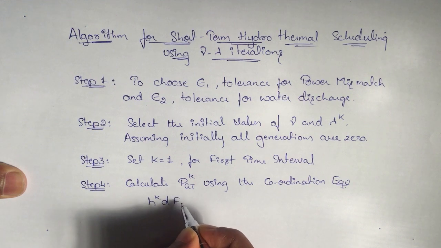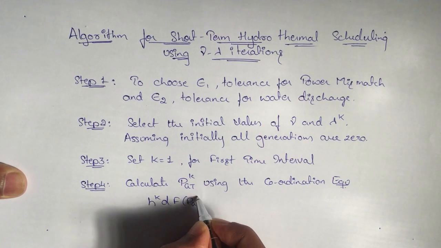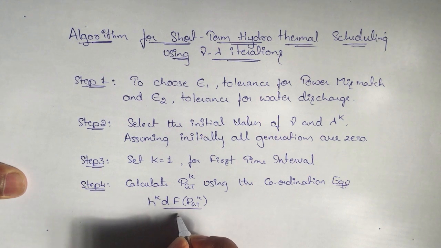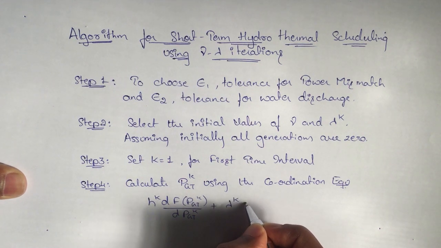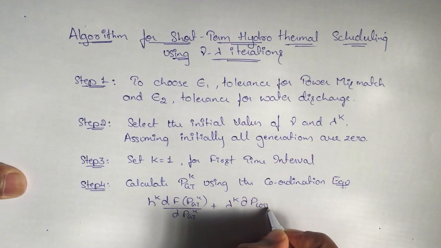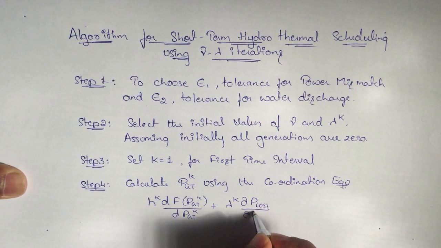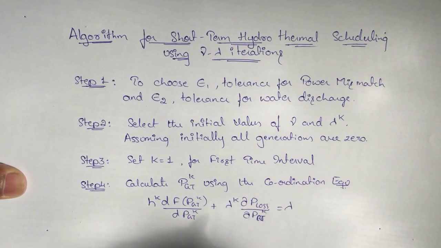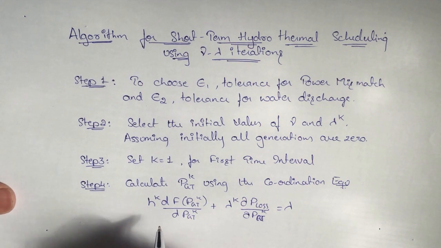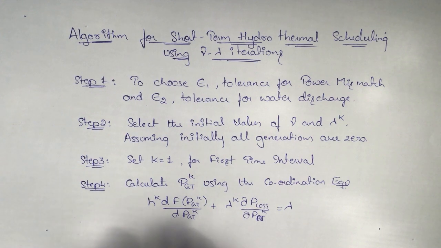HK dF PGTK divided by dPGTK plus lambda k dou P loss by dou PGTK is equal to lambda. From this we are going to find the value of PGTK.